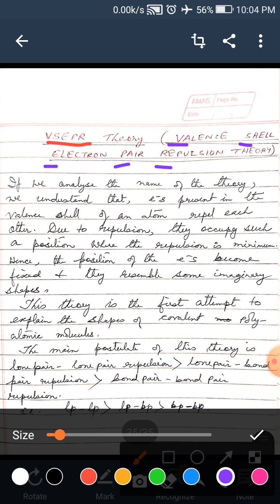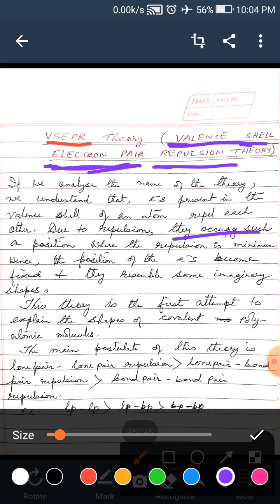Now if we just analyze the name, we can understand what it is telling us. The electron pairs, rather, I won't say electrons, the electron pairs which belong to the valence shell of an atom, suffer repulsion. And due to this repulsion, they move away from each other.